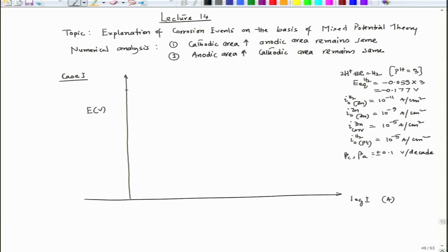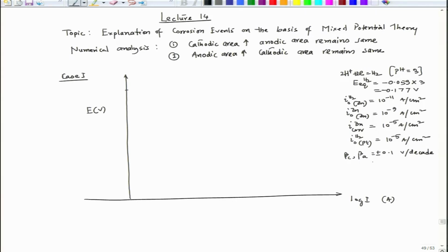These two values will not change when we convert to the log current scale, so that means this becomes volt per decade of current change.